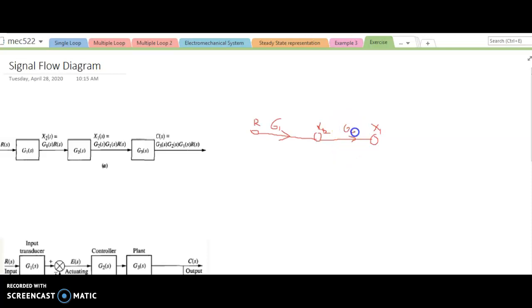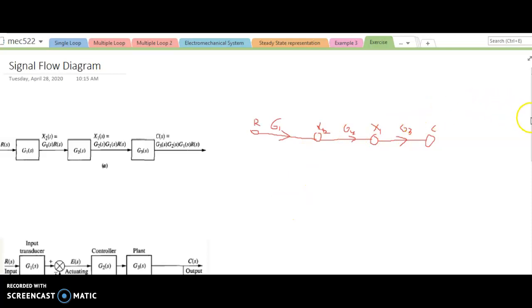And then the last one is the output C. So just letak C je, and then interconnect this one, and then put the G3. Inilah dia punya example, dia punya solution.